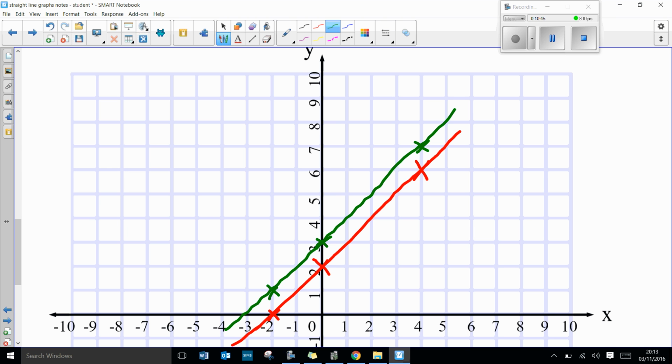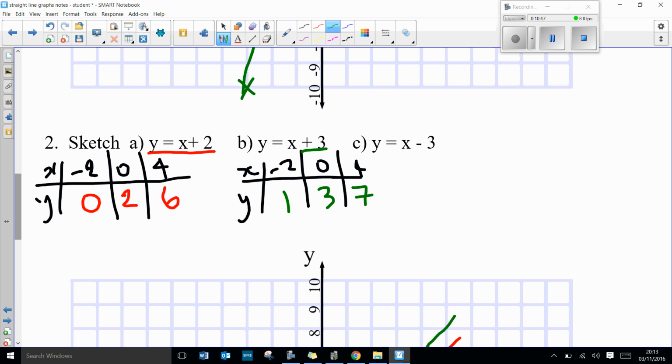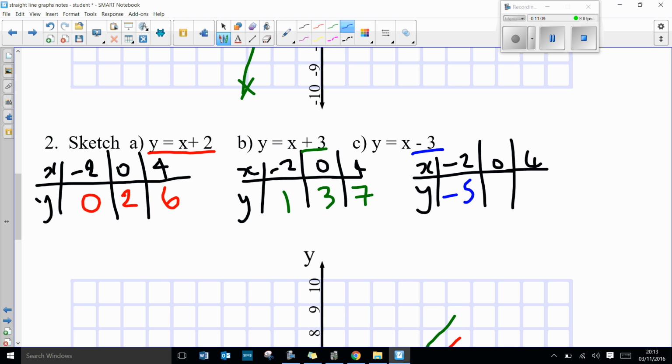And our third example is, again, I'm going to use the same numbers, -2, 0, and 4. This time we're subtracting 3 from our value of x. So -2 subtract 3 gives -5. 0 subtract 3 is -3. And 4 subtract 3 is 1.